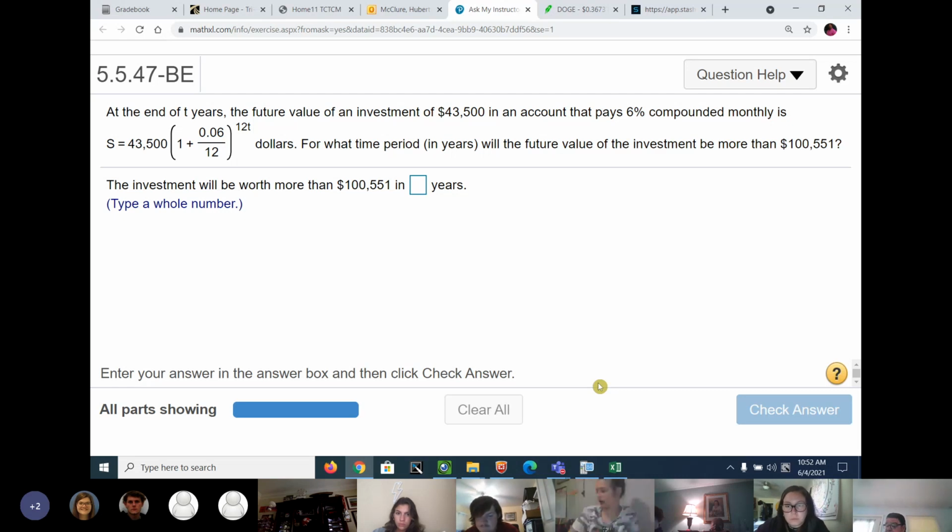So A is equal to, I don't know why they have to change, I'm not changing the variable. A is equal to 43,500 times 1 plus 0.06 over 12 raised to the 12t power. And they want to know, when will the investment be worth 100,551?